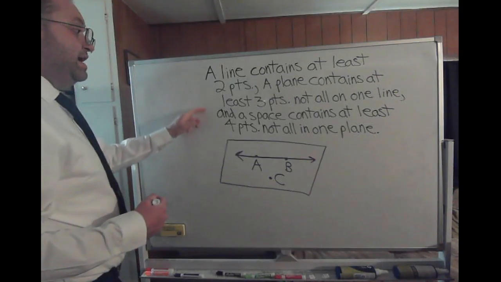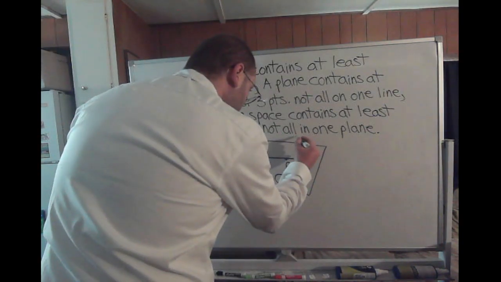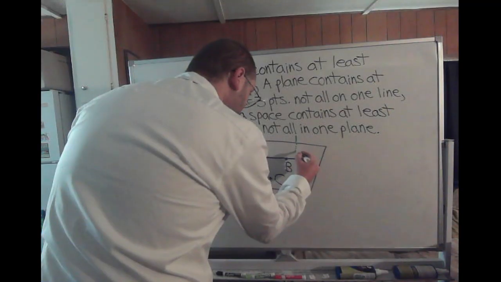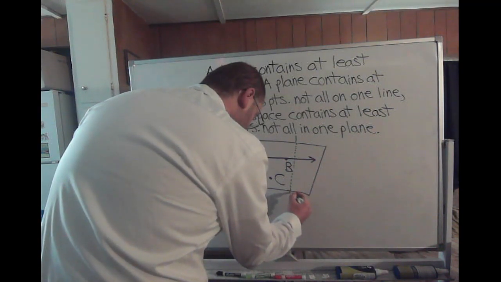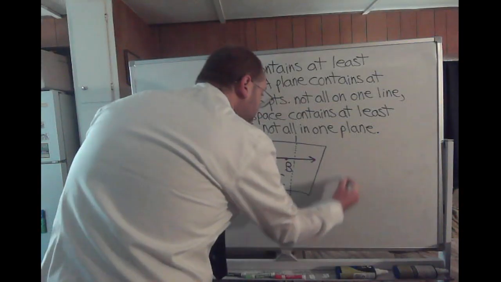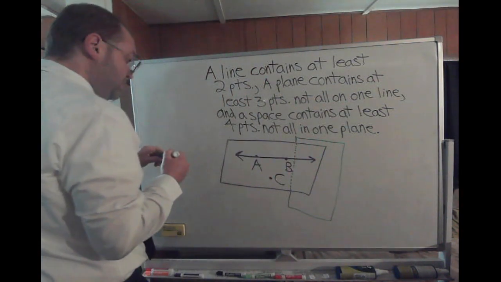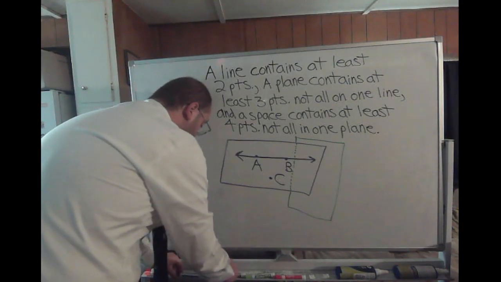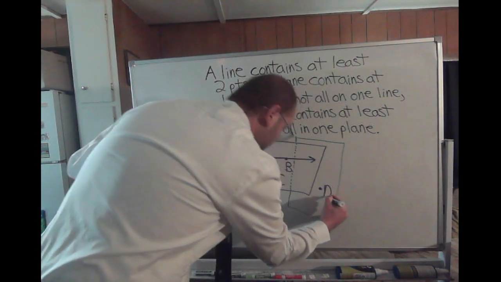And then we have a space contains at least 4 points, not all in one plane. So let me draw another plane here overlapping this one so we can set up a space. We have another plane. We'll put some arbitrary point D in this next plane.